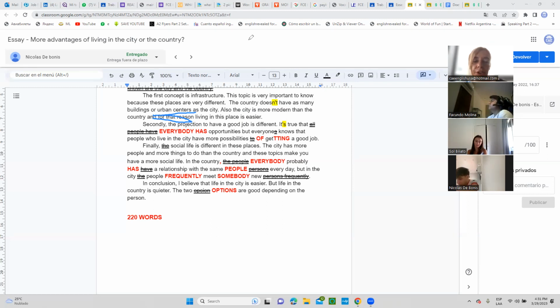Secondly, the projection to have a good job is different. Again, no contractions in essays. It is true that all people, when we want to say all the people, we use everybody. When we want to talk about all the people, we're not going to put all people. We're going to put everybody or everyone.